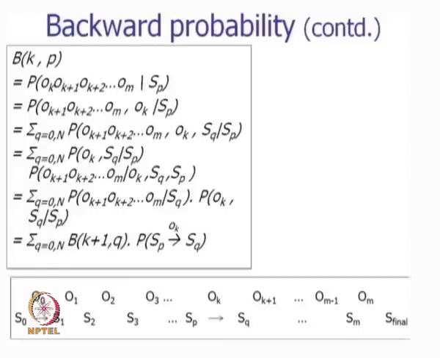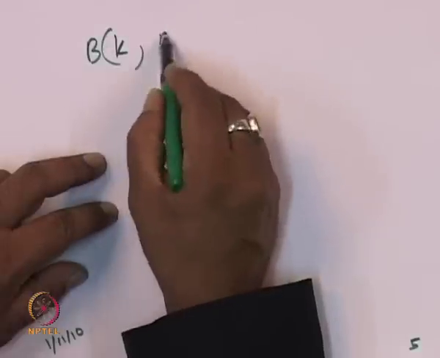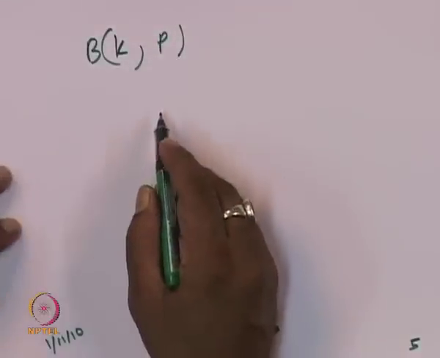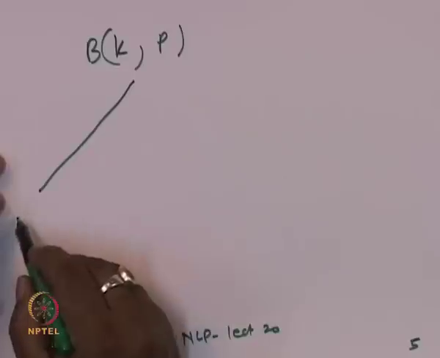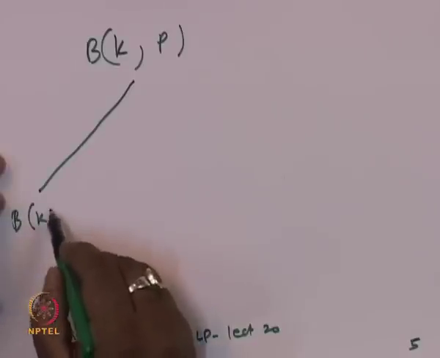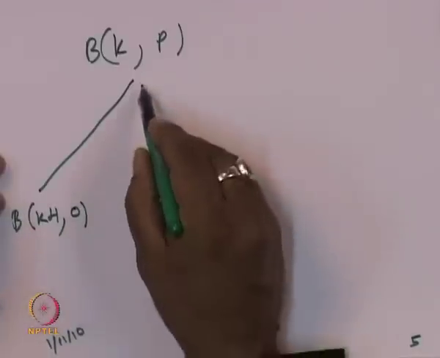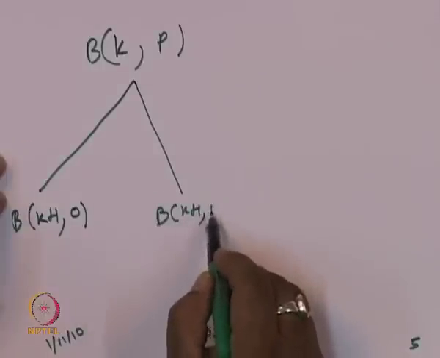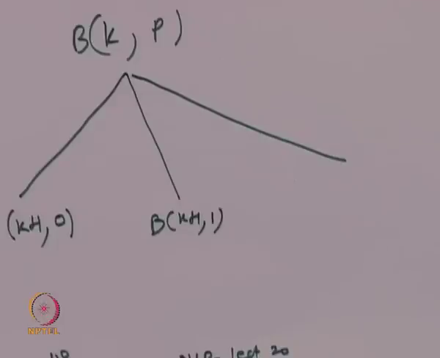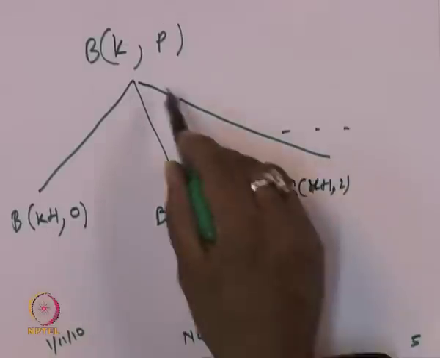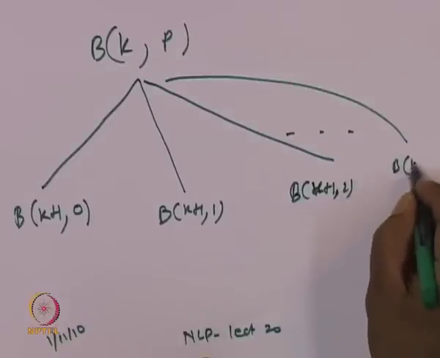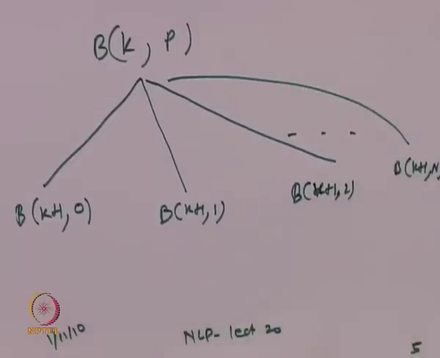So, when we write on the paper, BkP can be seen to be simply implemented by Bk+1(0), Bk+1(1), Bk+1(2), and then Bk+1(n). Okay.